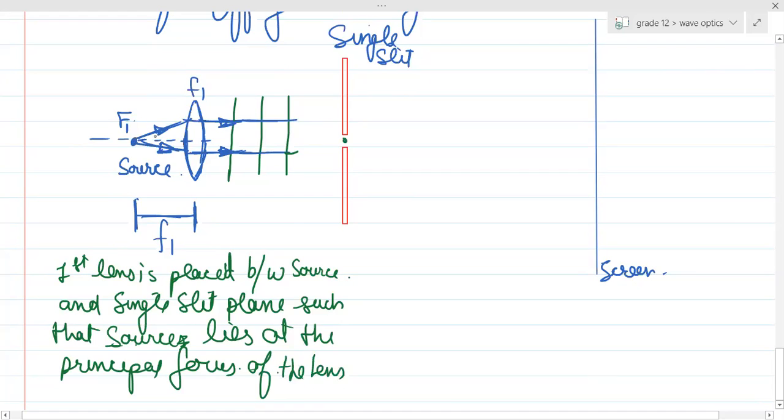By doing that, what will happen? You will convert these spherical wavefronts which were coming from this particular source to plane wavefront. Yes or no? This is the first condition. So can you see? I achieved the incident plane wavefronts.